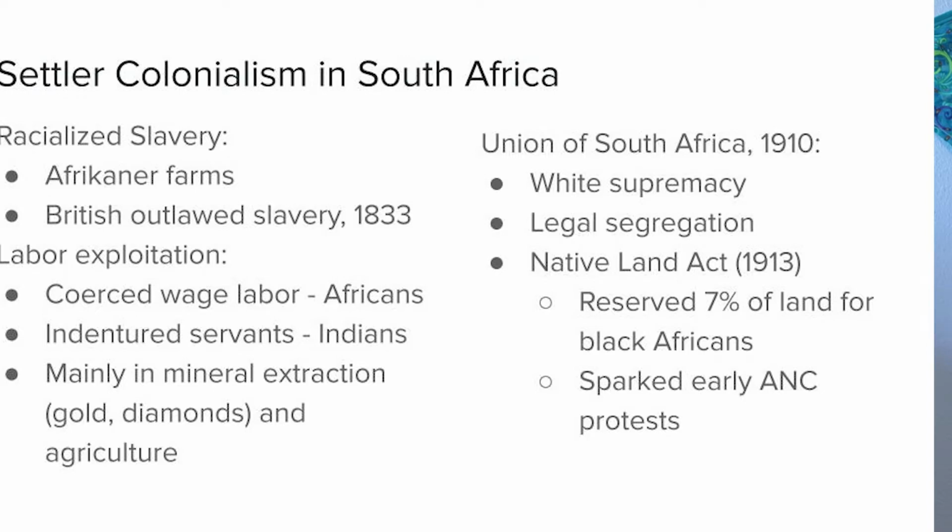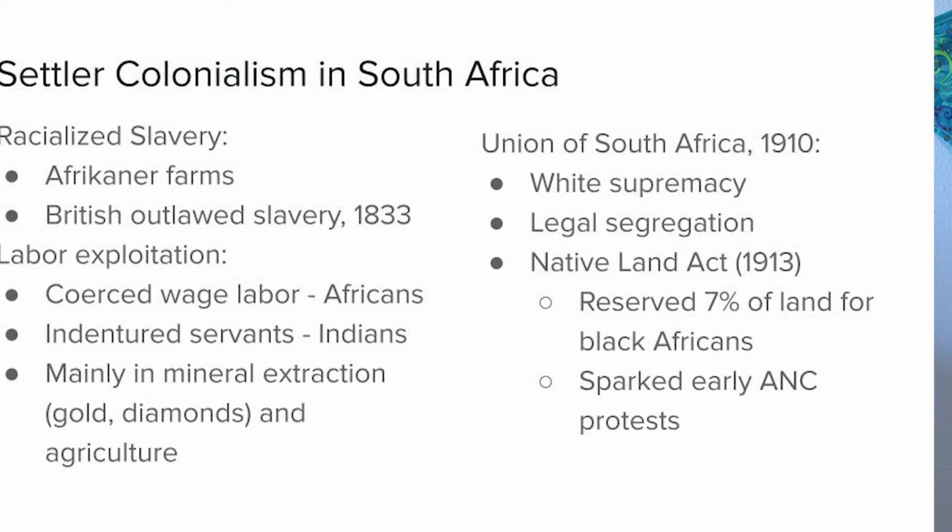South Africa's political independence from the British Empire actually happened significantly earlier than most African colonies. The Union of South Africa declared its independence from the British Empire in 1910. And this Union of South Africa created a new government at the time, founded on the idea of white supremacy.